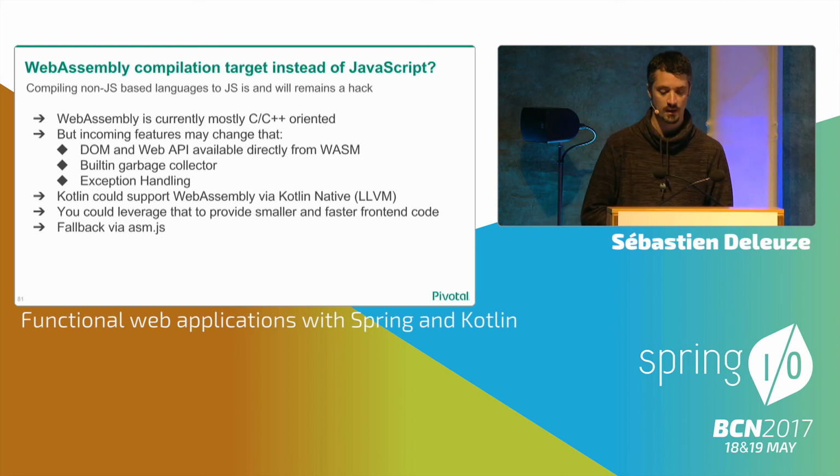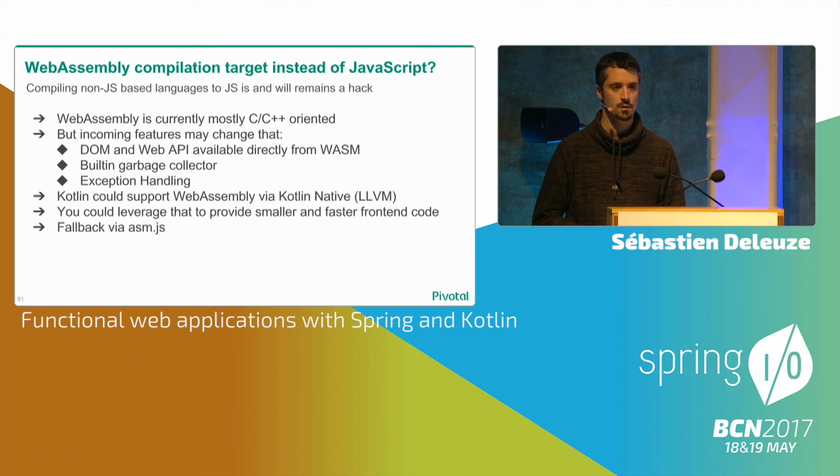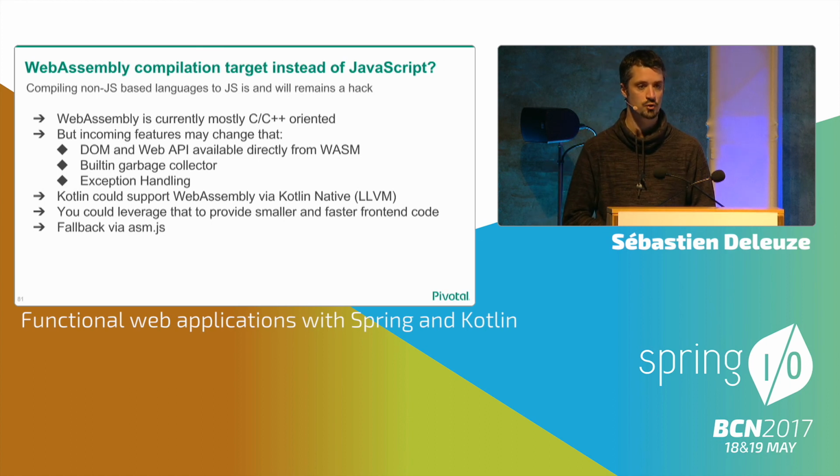I think Kotlin could support that because there is a Kotlin Native initiative. A few months ago, JetBrains announced Kotlin Native, which leverages the LLVM toolchain to compile Kotlin to native code. I don't say it will take your Kotlin JVM-based application and compile that to native. That's a totally different standard library. You can't do that.